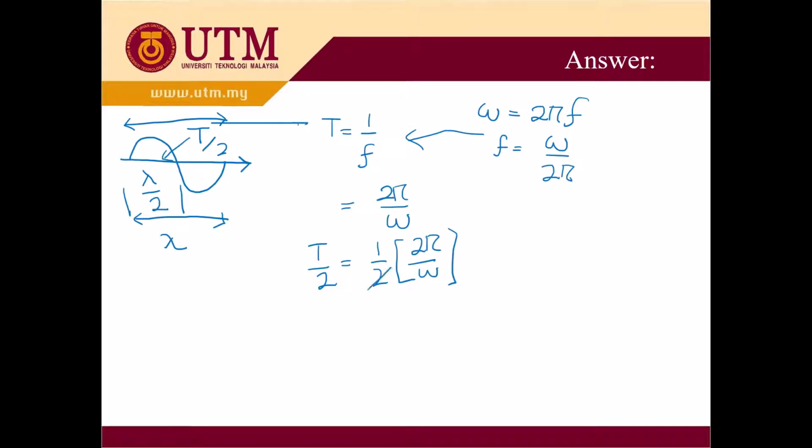We can cancel here, so it equals pi divided by omega, with omega equal to 10 to the power of 8. So here you get 31.42 nanoseconds. Okay, this is the answer.